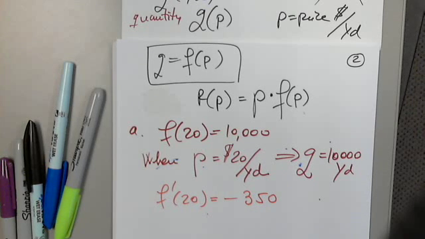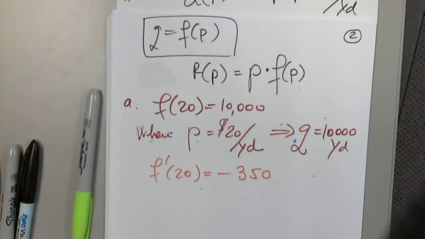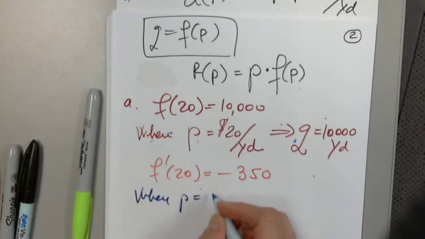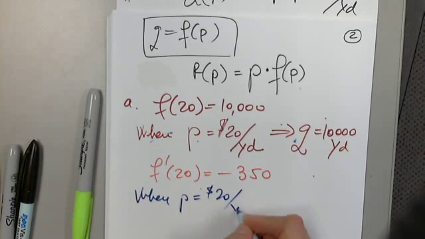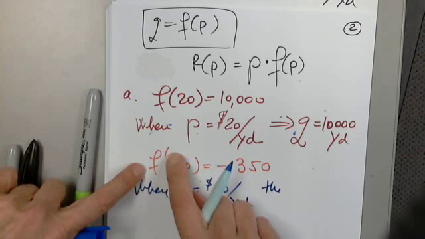equals negative 350 means. When P equals $20 per yard, what is this?